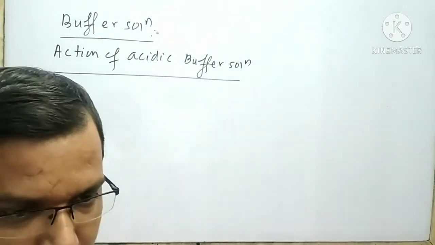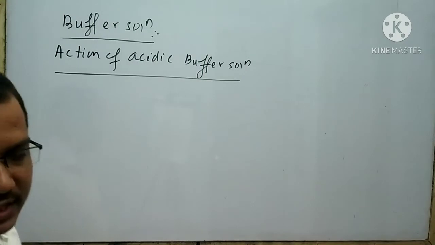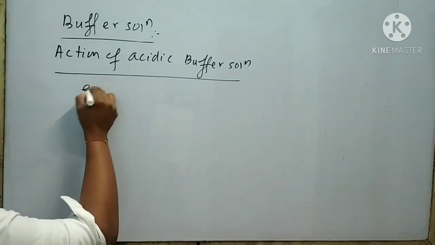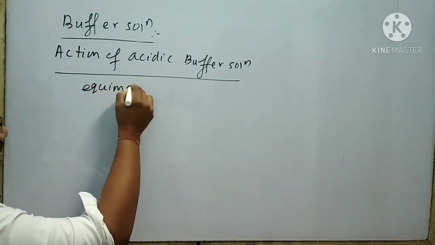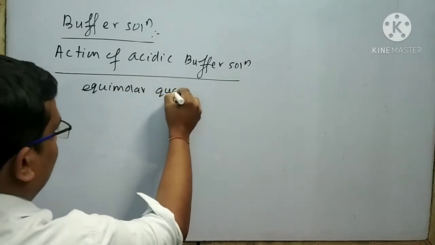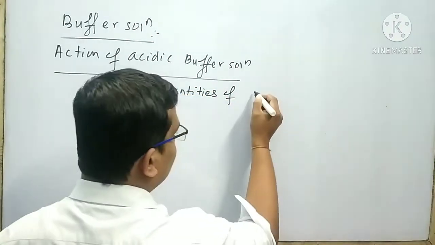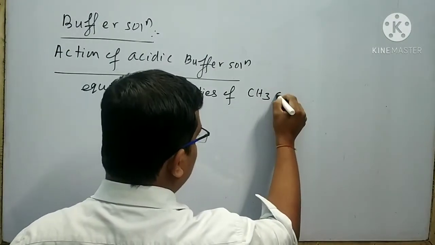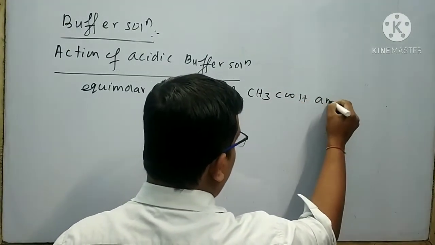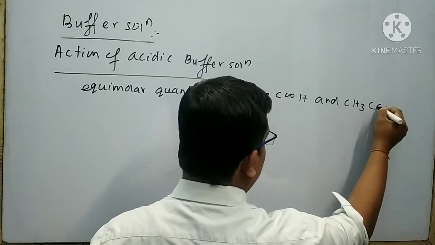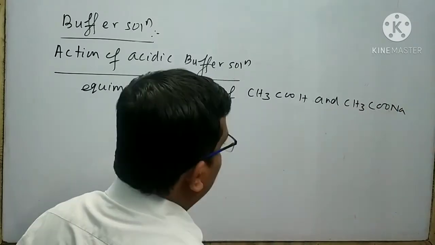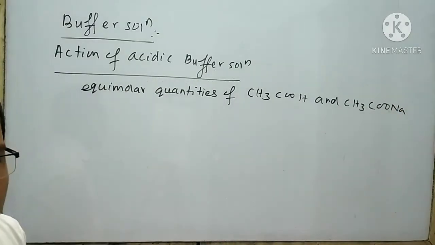Take an example of an acidic buffer solution: equimolar quantities of CH3COOH and CH3COONa. Remember an important point.